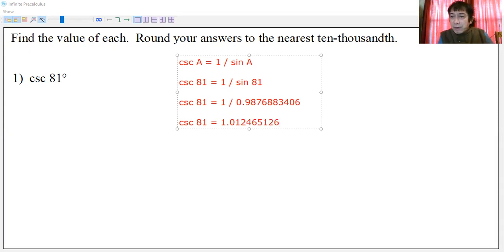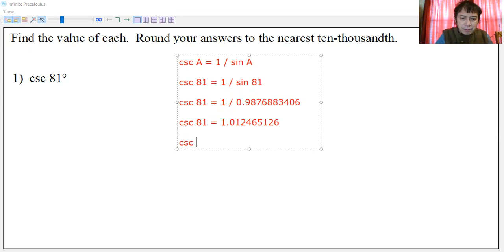So the cosecant function of a given angle will have a magnitude more than 1, because it is the ratio of the hypotenuse to the leg, and the leg is always smaller than the hypotenuse. So the cosecant ratio will have a value more than 1.